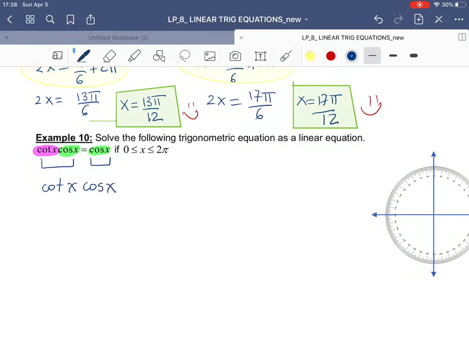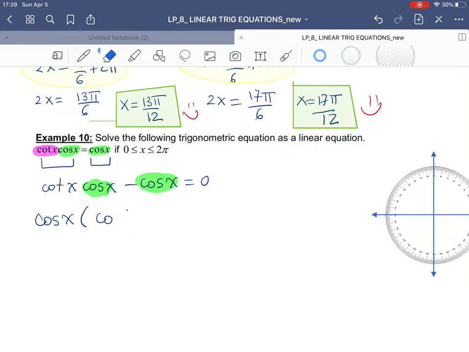So cotan x cos x minus cosine x equals nothing. And since we have cosine x as a common factor, we take out cos x, and in brackets we are left with cotan x minus 1, equals 0. So we have two factors here, cosine x and cotan x minus 1, that multiply to 0.